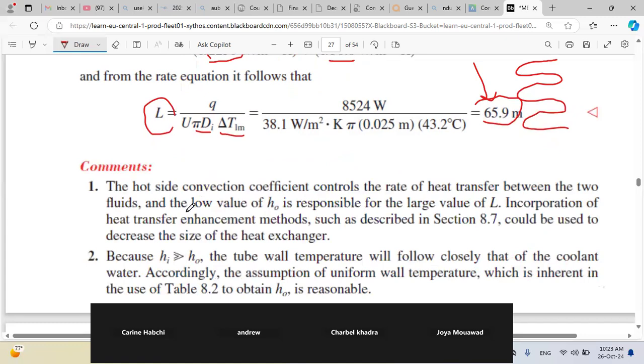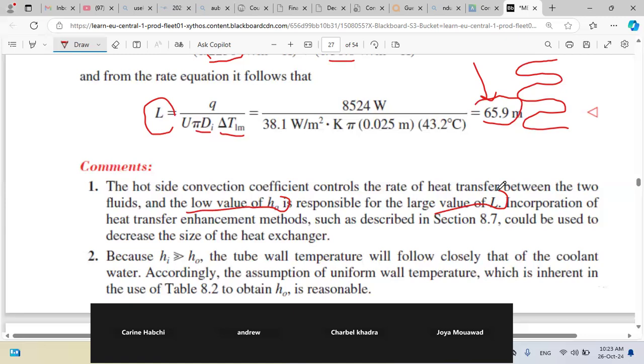This is why the low value of H out will explain having a large value of L, because to enhance heat transfer, you need high convective coefficients. So in case the convection from the oil side was high, this can help heat transfer, and this can lead to lower values of L. And you don't need these very high lengths to achieve the heat transfer.